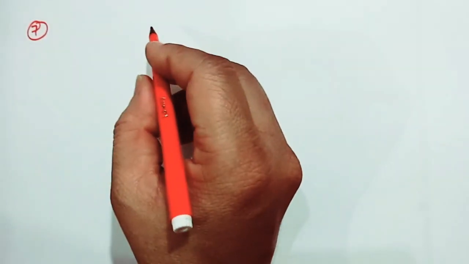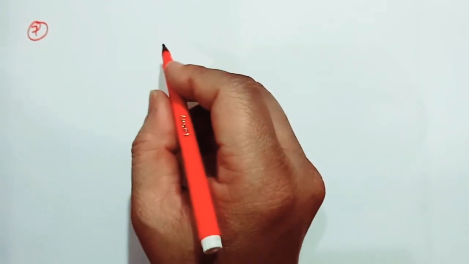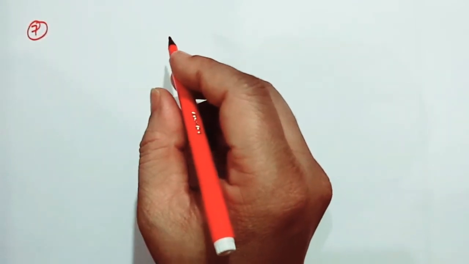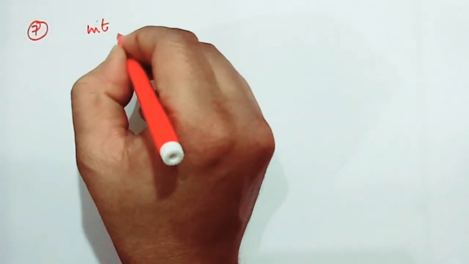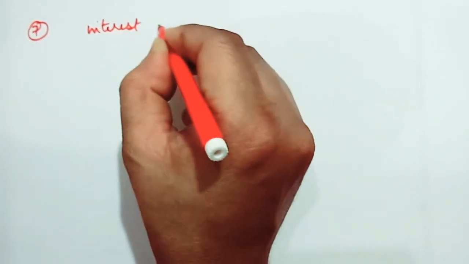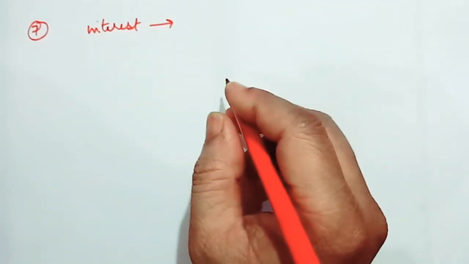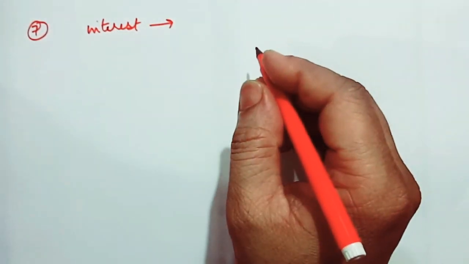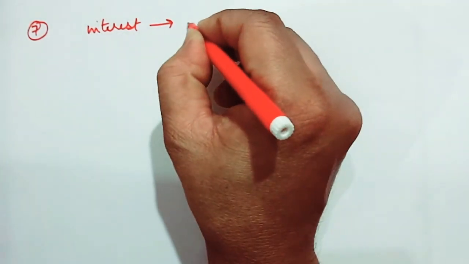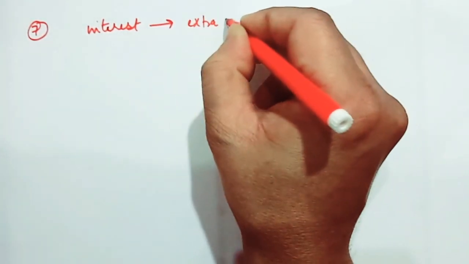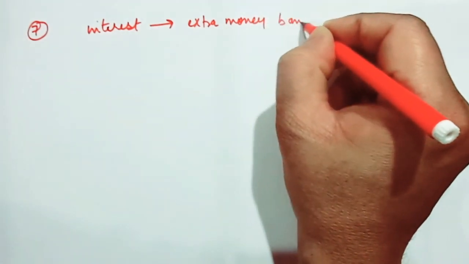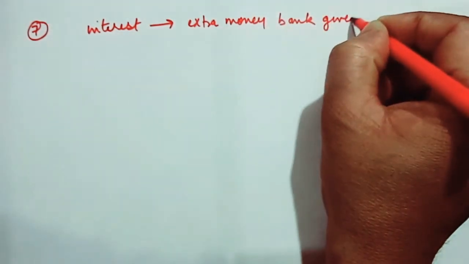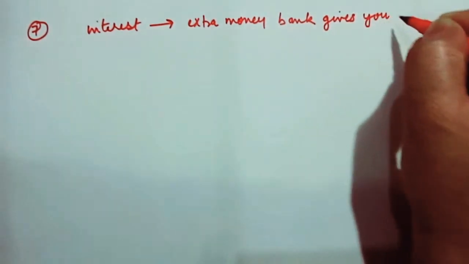If a deposit of rupees 2000 earns an interest of rupees 500, see, here they are talking about interest. What is this interest? Interest is the amount of extra money that the bank gives you for depositing money.